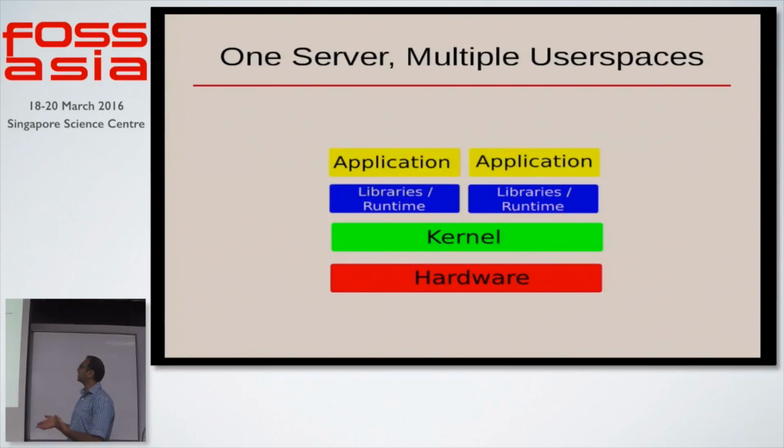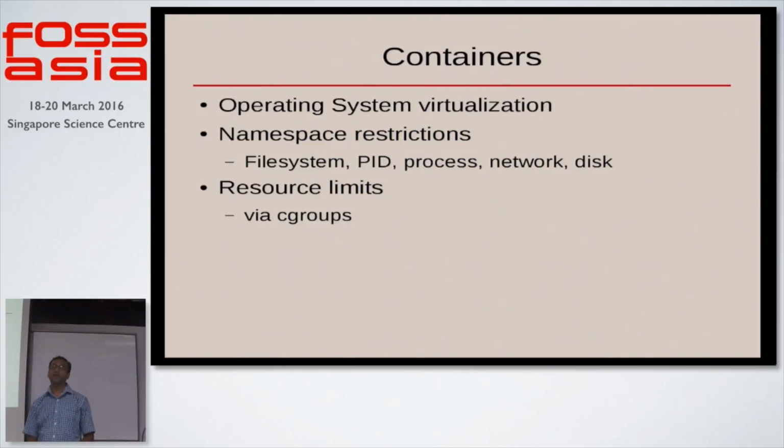We come to the more interesting use case over here, where we have one kernel running on the hardware and several user space runtimes. This means it could be several distributions. You could have Fedora and Debian running at the same time, and applications running on their own runtimes. This is the traditional containers model.